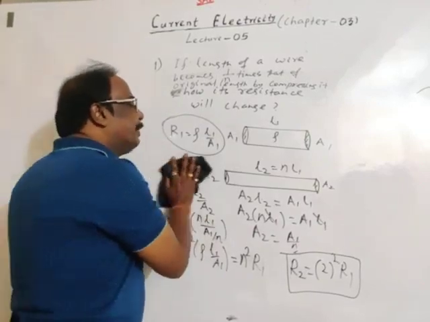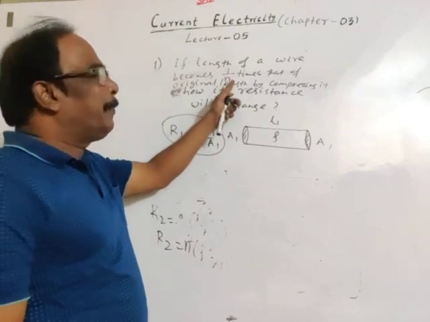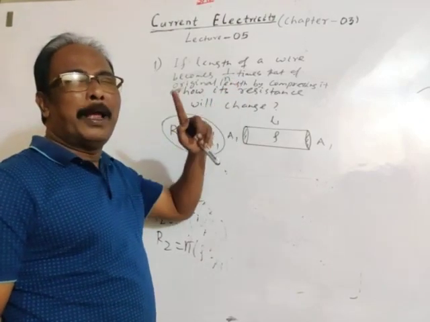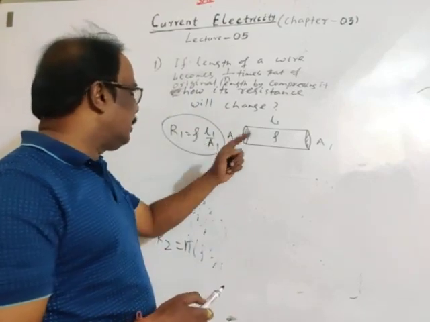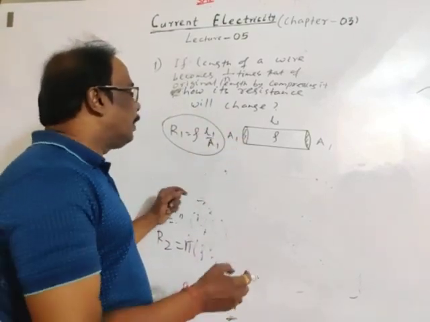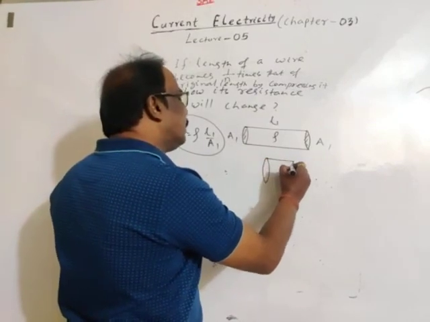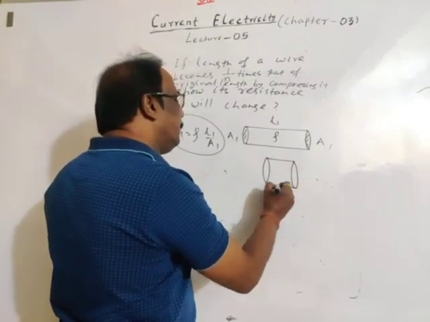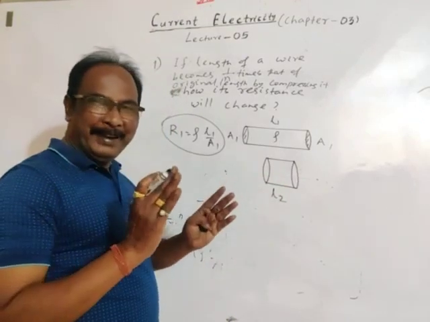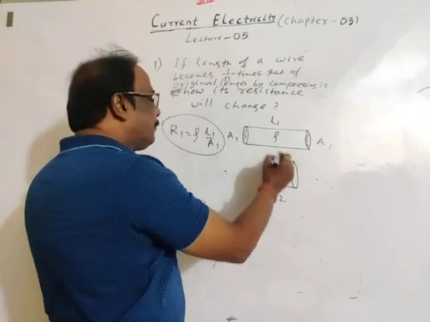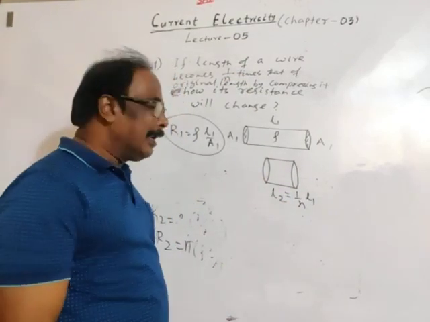See, the value of n may be 2, 3, 4, 5, etc., whatever it may be, but the wire is compressed and the initial resistance is rho L1 by A1. Now it is compressed, so the length decreases, and L2 is equal to 1 by n times the original length.